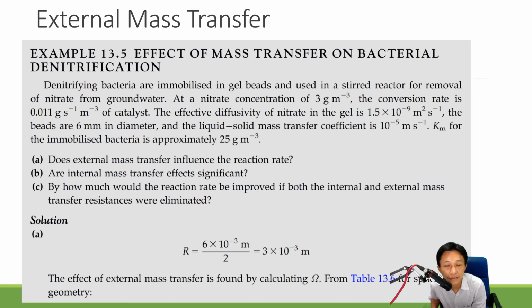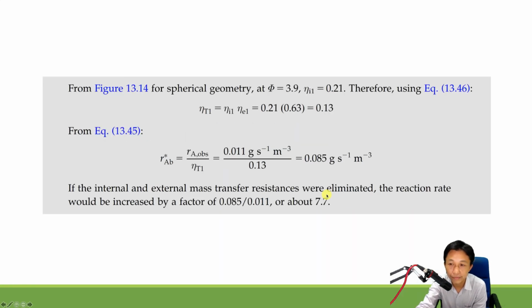The nitrate concentration is 3 gram per cubic meter. The conversion rate is this one, 0.01 of catalyst. The effective diffusivity, this one is the diffusivity in the immobilized gel, and the gel is 6 millimeter in diameter, and the liquid mass transfer coefficient is this one, km.